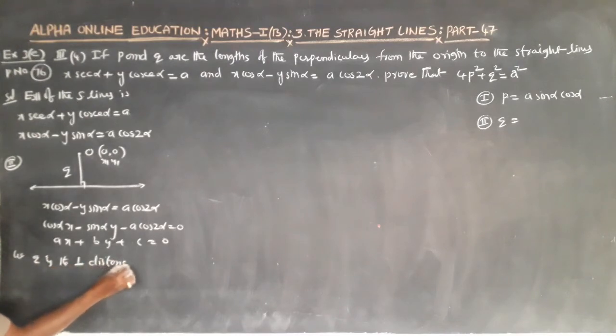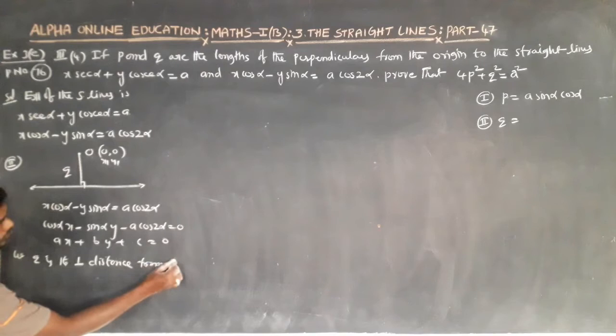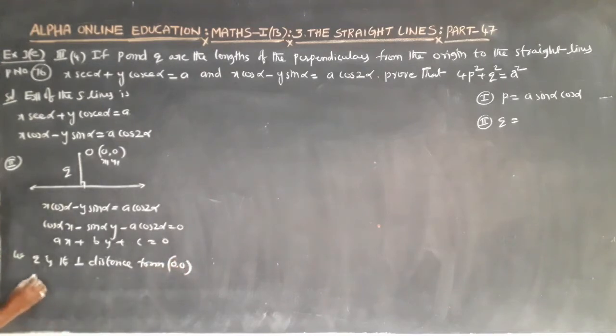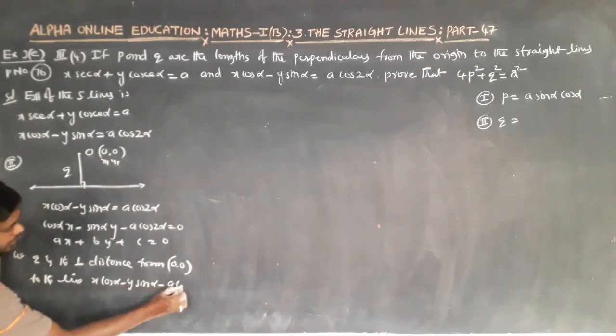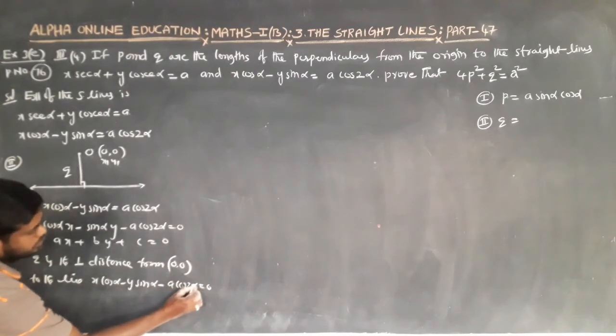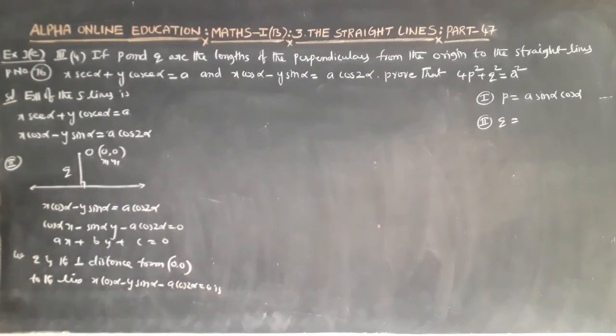Let q be the perpendicular distance from origin to the line x cos alpha minus y sin alpha minus a cos 2 alpha equal to 0. The perpendicular distance formula is the modulus of ax1 plus by1 plus c divided by the square root of a square plus b square.